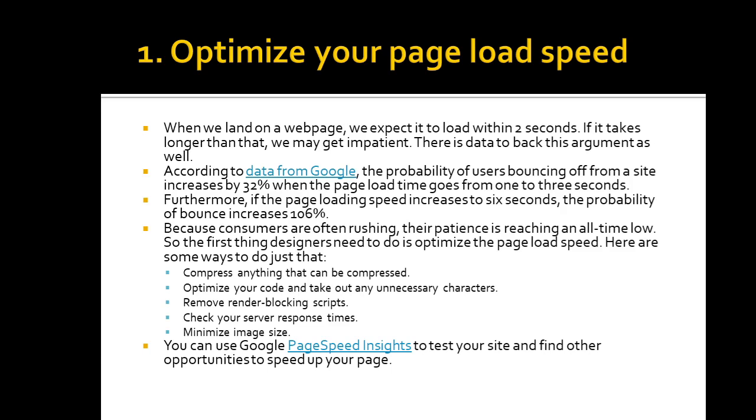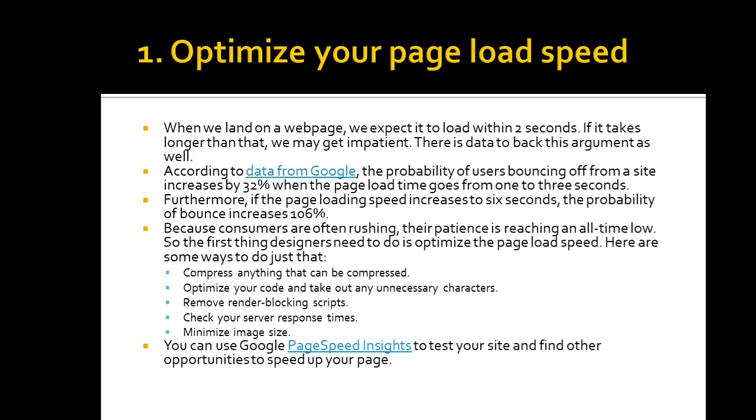Because consumers are often rushing, patience is reaching an all-time low. So the first thing designers need to do is optimize the page load speed, and here are some ways to do that. Number 1 is to compress anything that can be compressed, like images, for example. Optimize your code and take out any unnecessary characters.